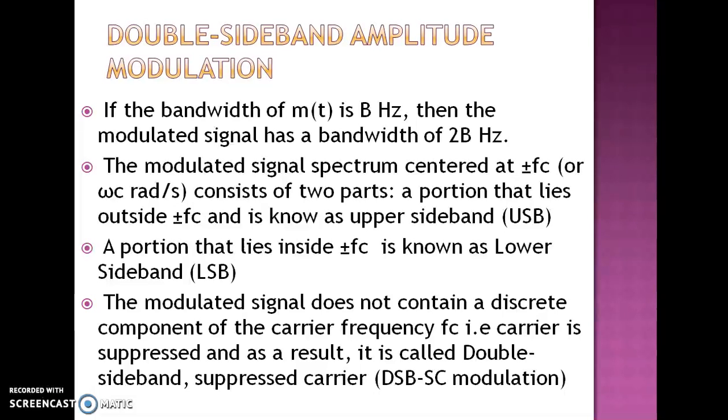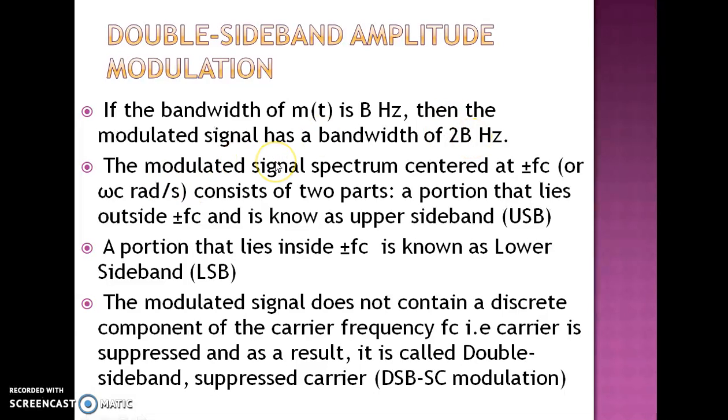So if our upper frequency is F USB and lower frequency is F LSB, then the difference F USB minus F LSB will give you the bandwidth of the modulated signal. That bandwidth comes around to be twice B.